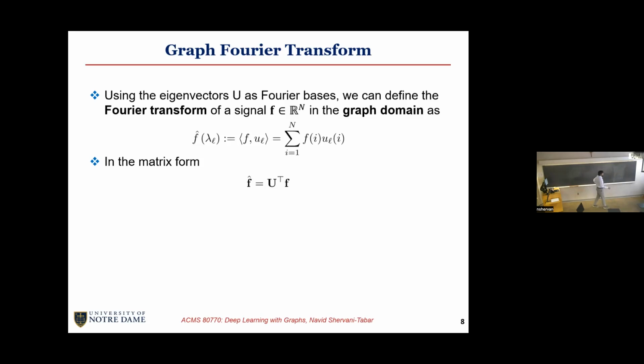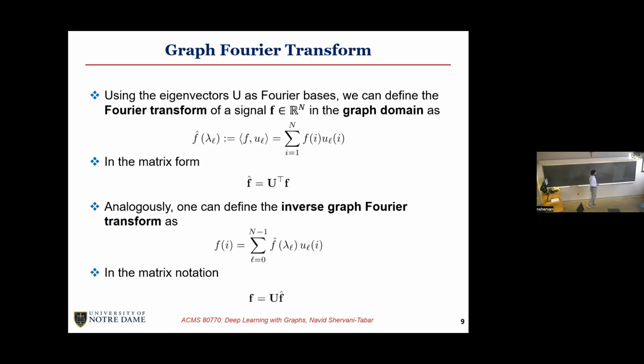Now in that frequency space, we can do some filtering. We can, for instance, reduce a particular frequency of the image and do some image processing on that, and so forth, right? We can do the same thing for the inverse graph Fourier transform as well.